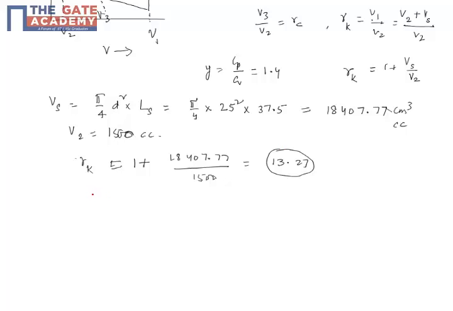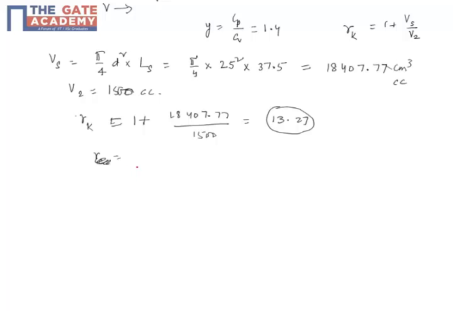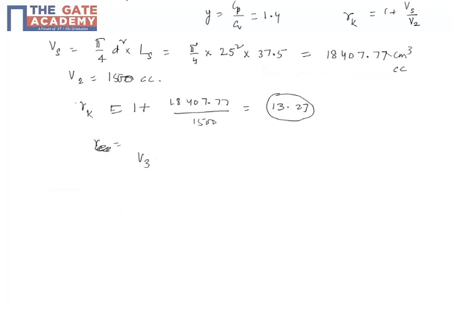Okay, once we have the compression ratio, now the cutoff ratio. The cutoff volume is given as 5% of the total stroke volume, so we need to find out the ratio. If you go back to the figure, V3 minus V2 is 5% of the total stroke volume, which is V1 minus V2.